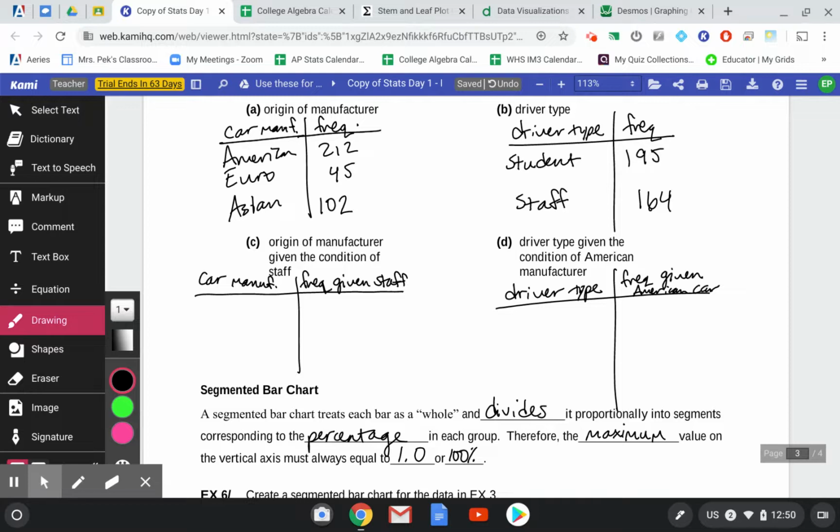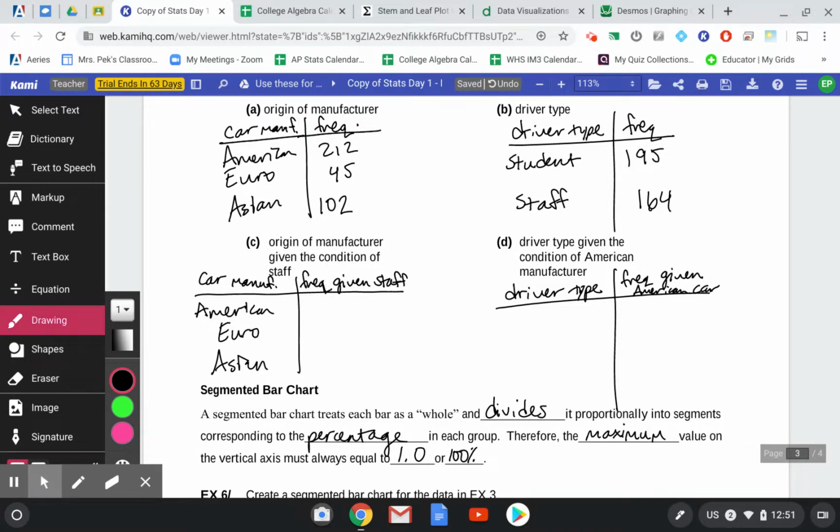C is the origin of manufacturer given the condition of staff. So now I want the origin of car manufacturer. So I want American, I want European, and I want Asian here, but I'm doing the frequencies, not the total out of all the cars, but only out of the staff cars. So on my table, I've said frequency given staff.